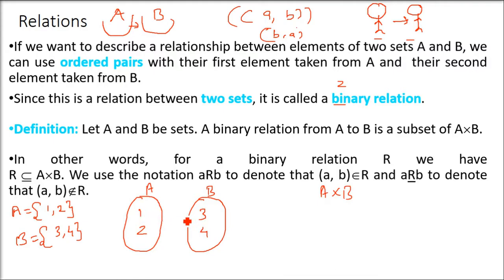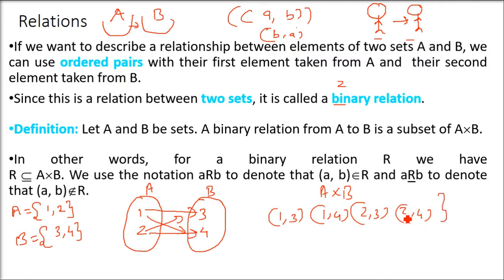We are not multiplying actually, we are just combining. 1 and 3 is an ordered pair, taking 1 from here and 3 from there. Then 1 and 4. Now 2 with 3, and 2 with 4. So A cross B is this. If we say B cross A, it will be (3,1), (3,2), (4,1), (4,2). And they are entirely different.